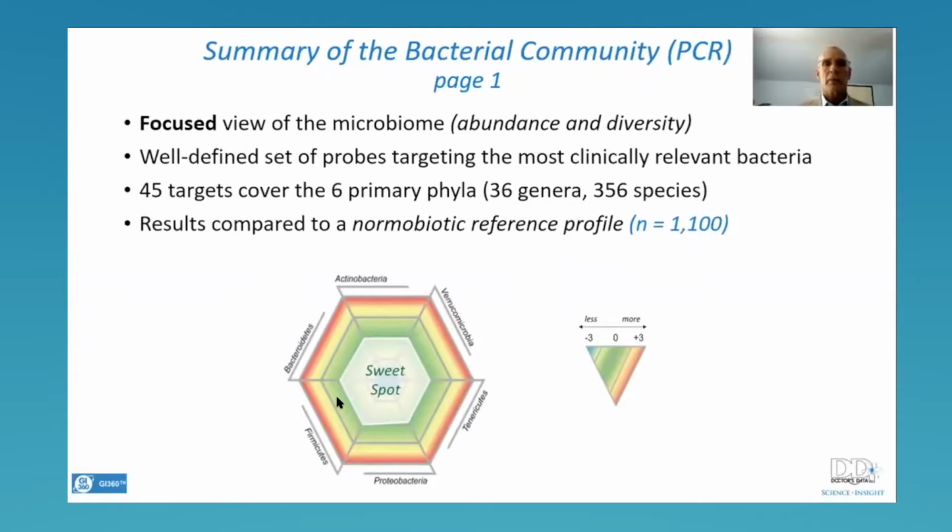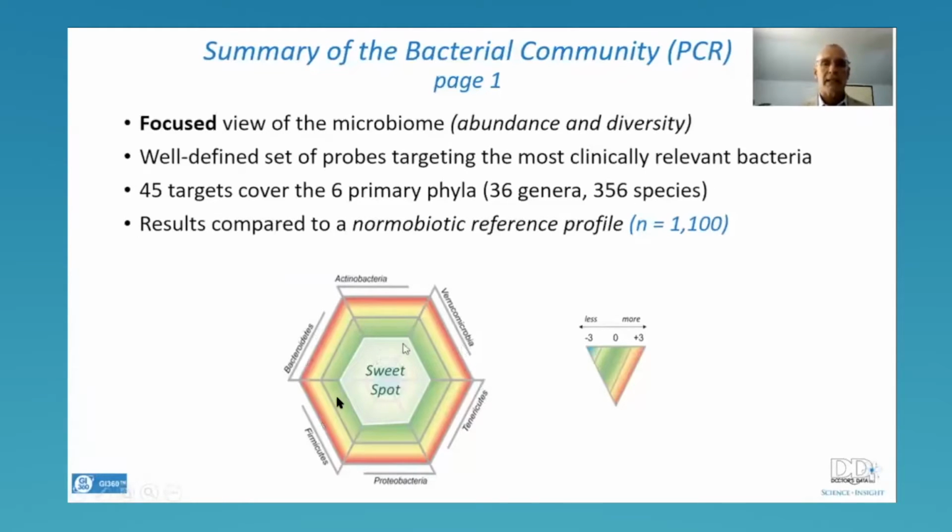The results are compared in an unprecedented manner to a reference population of 1,100 observations. So we have a very, very large database for normal biosis. So what we do is we plot the results from the probing of the patient's microbiome on a hexagon indicating the 6 primary phyla.